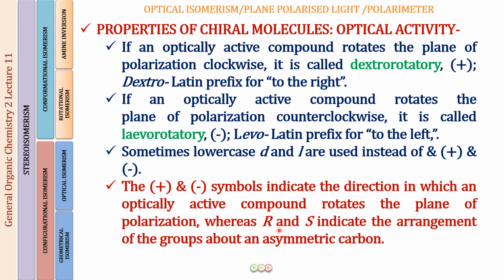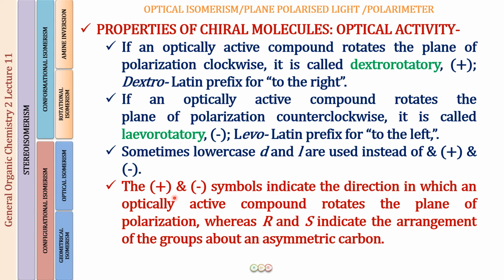So that R and S indicates the arrangement of the groups about an asymmetric carbon. About an asymmetric carbon, we have 4 groups. How they are arranged is what we will understand in the nomenclature, the R and S system of nomenclature. This is something that we will be studying a bit later.